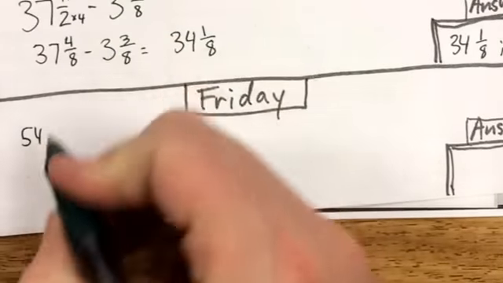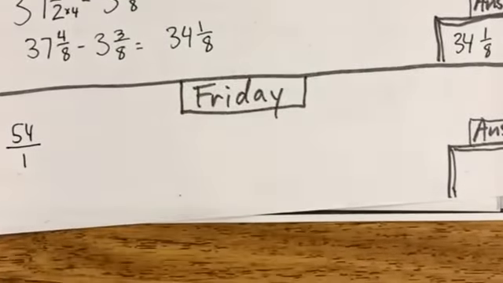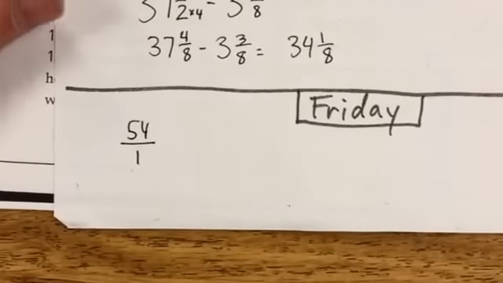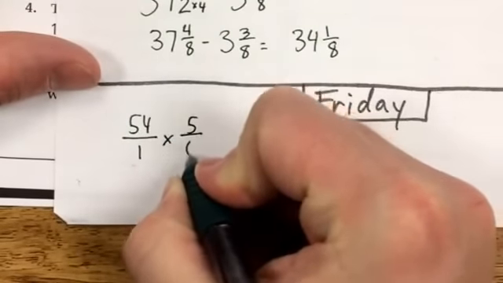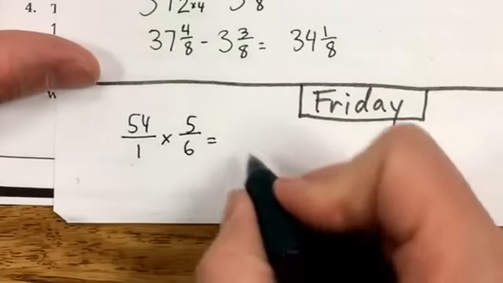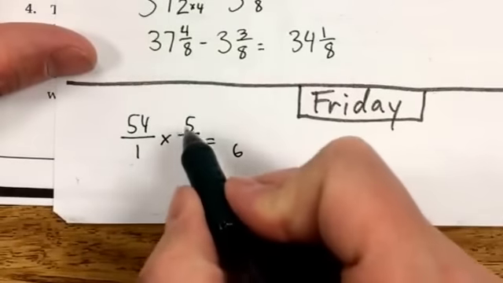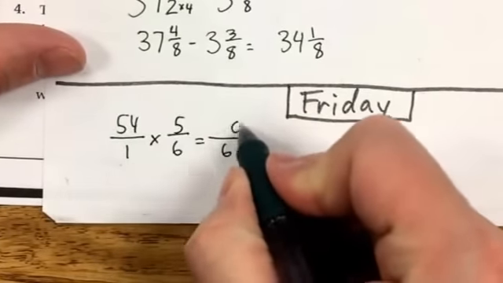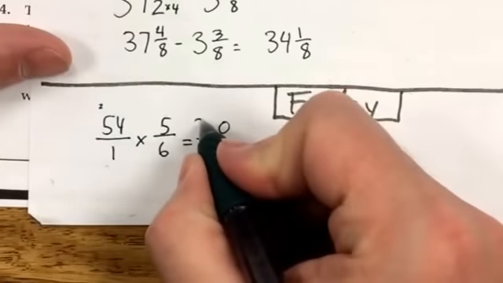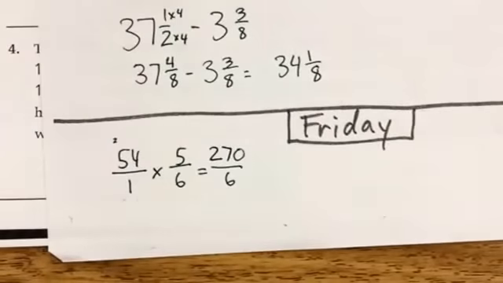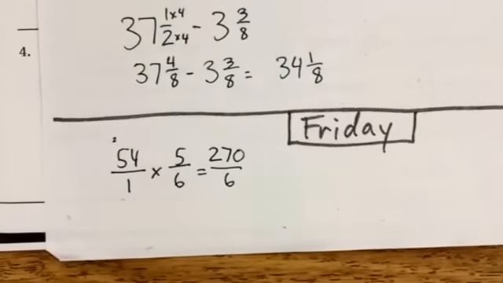And by now, this is pretty easy. We're going to put 54 over 1 because it is a whole number and we need to change it to a fraction times 5/6. Okay, 1 times 6 is 6. And then I know that 5 times 4 is 20. 5 times 5 is 25, 26, 27. So we get 270 over 6. So that means that I need to do this as a division problem.